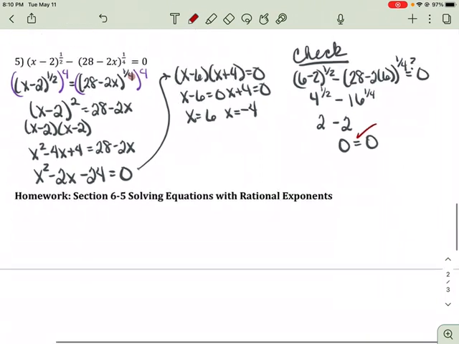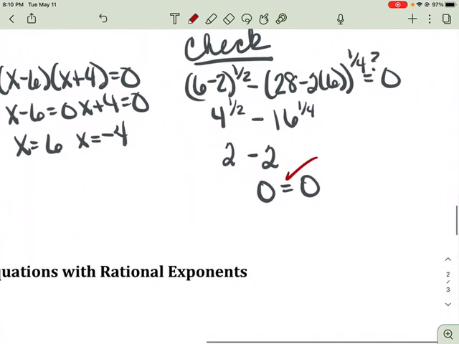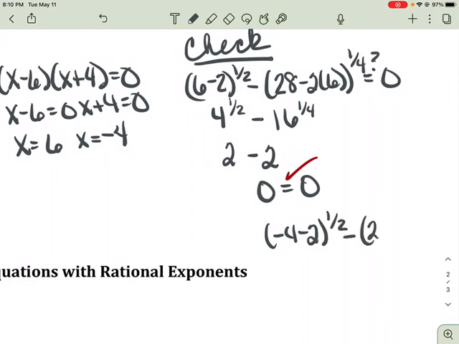Okay, I'm going to run out of room here. Okay, now we have to check -4. Okay, let's try that. -4 minus 2 to the 1/2 minus 28 minus 2 times -4 to the 1/4.